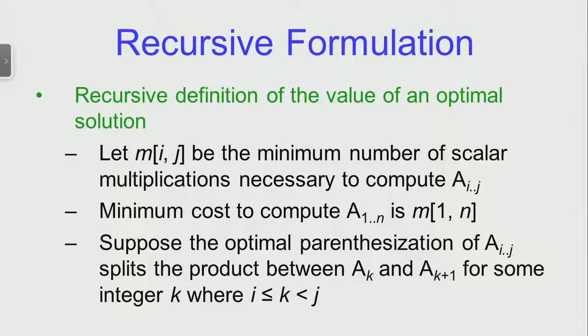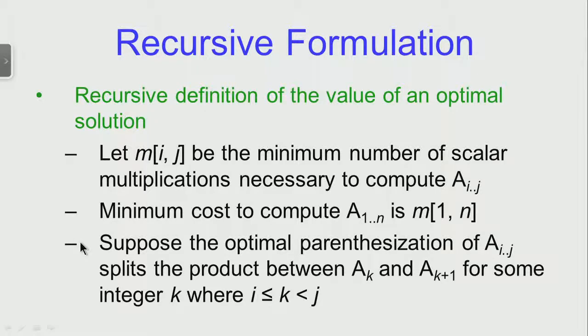Now, we can see that the minimum cost to compute the chain product A1 to An, recall this is A subscripted by the range 1 to n, is the value m[1, n].